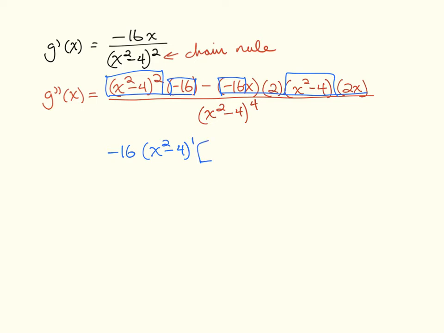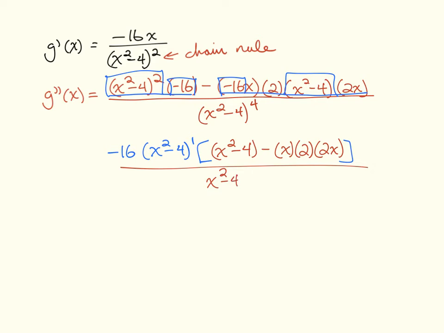And that will leave us with an x squared minus 4 minus x times 2 times 2x to follow. And all of this is still over x squared minus 4 to the fourth power.